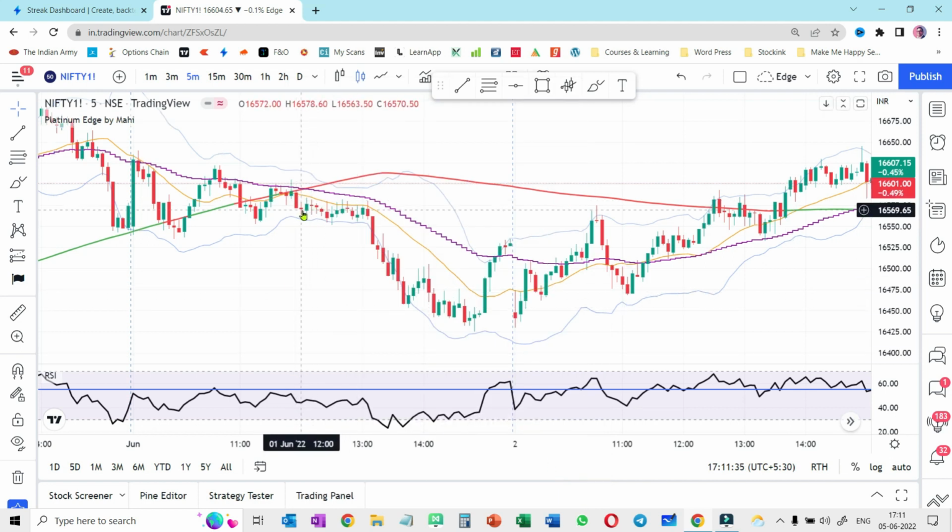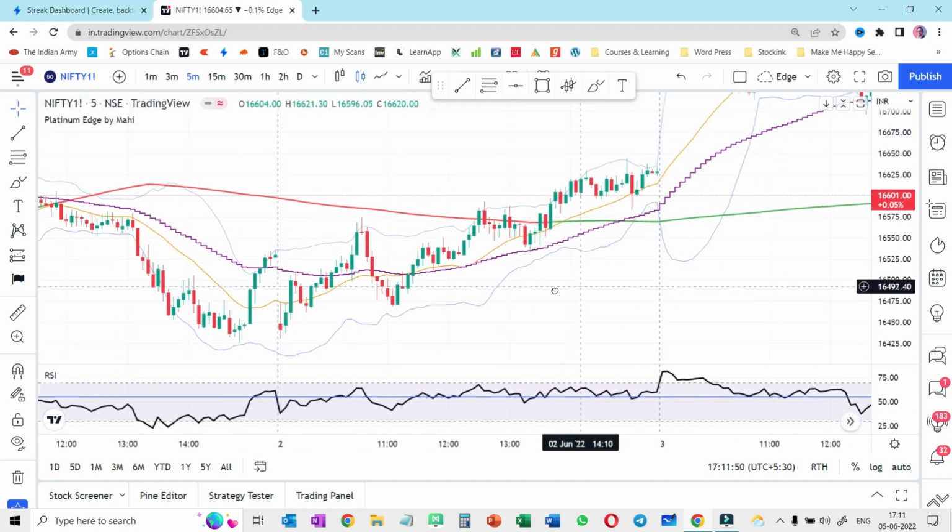So the candle is below the yellow line, candle is below EMA 50, and candle is below the 200 moving average. If you notice, this is a proper bearish fall.